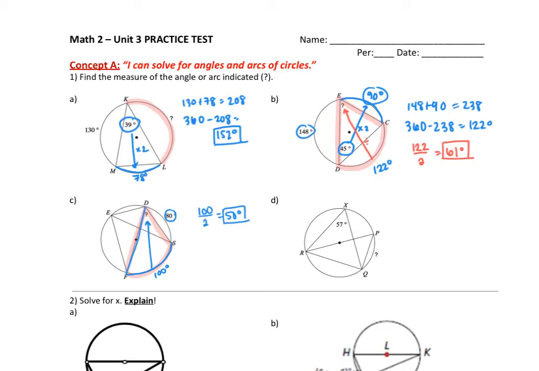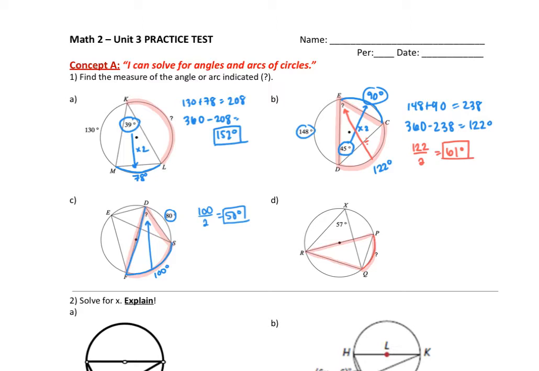All right, letter D. In this one, we are looking for this arc right here. I'm going to see if we have the angle for that, and we don't, so we need to see what other information we can use.